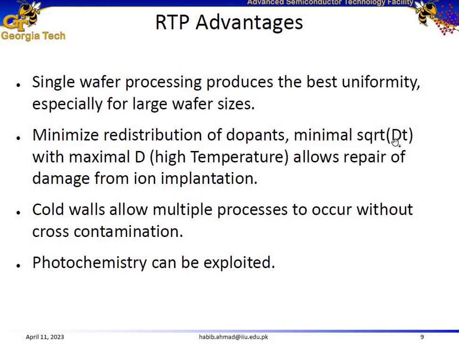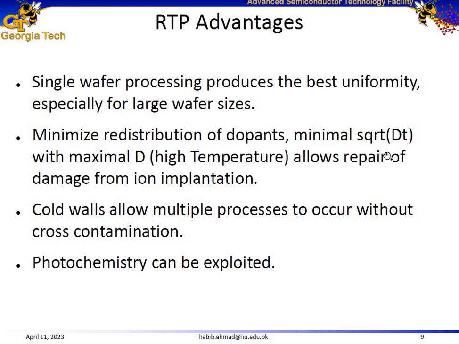The square root of the product of the diffusion coefficient and time is called the diffusion length, the length inside the crystal up to which the atoms are going to travel. So diffusion length is equal to the square root of the diffusion coefficient times the time of the rapid thermal process.